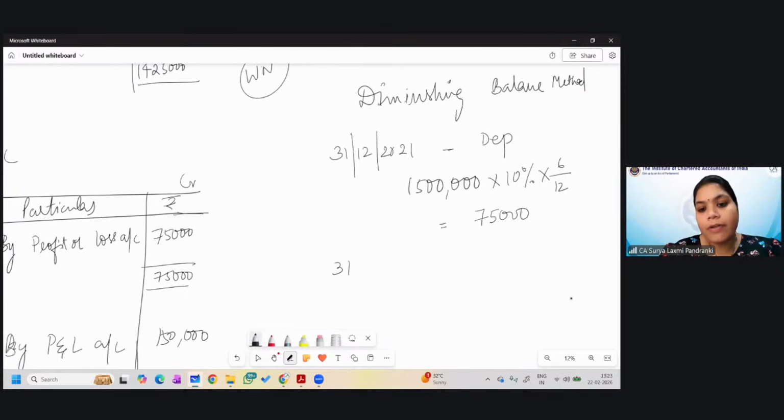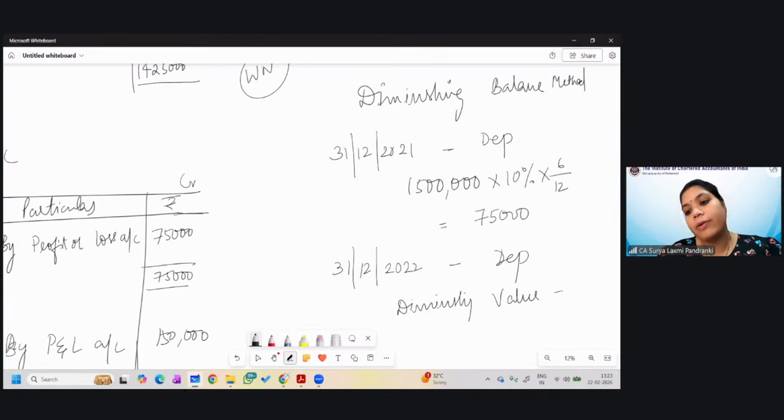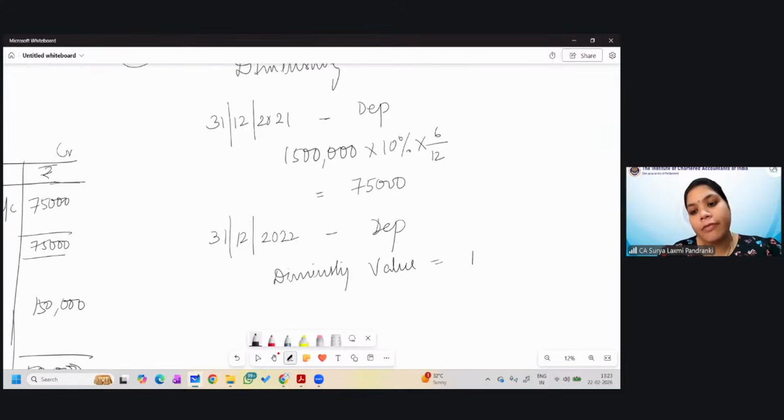Now, for 31st December 2022, how much will the depreciation be? Depreciation should be calculated on the diminishing value, right? What is the diminishing value here? It will be 15 lakhs, which is the cost of the asset, minus the first year's depreciation of 75,000, which is 14 lakh 25,000.